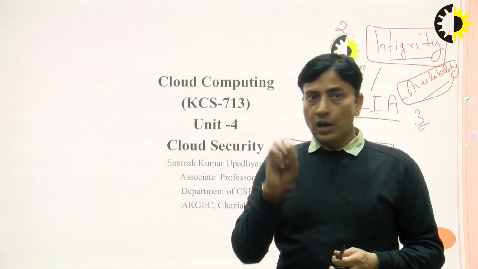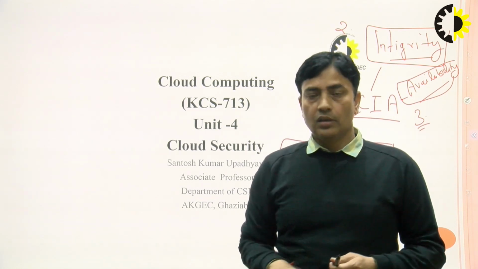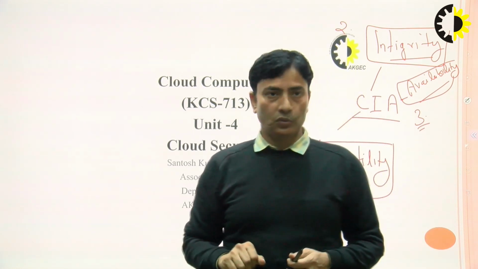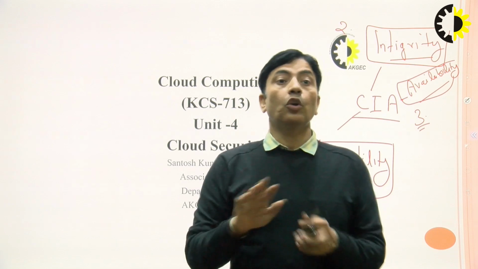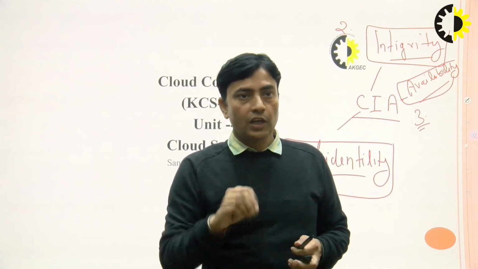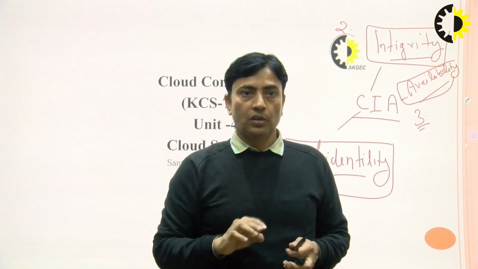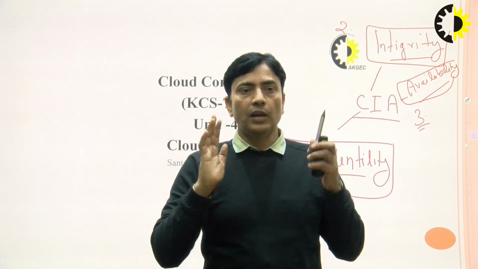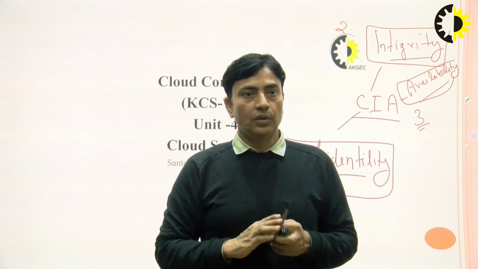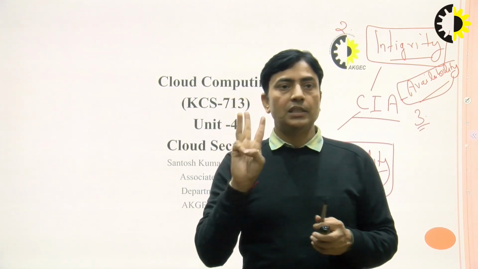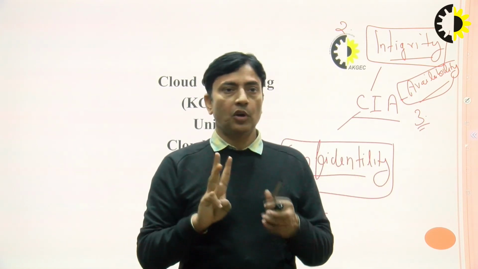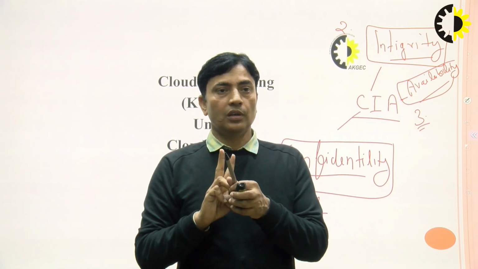There is no lock-in, and whenever you require it, you can use it. If this is ensured, availability is ensured. So these are the three basic and very important building blocks of security.